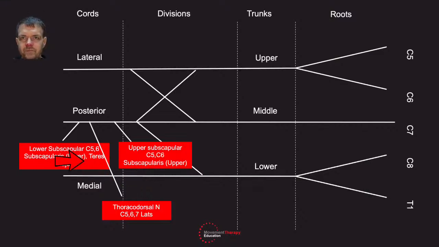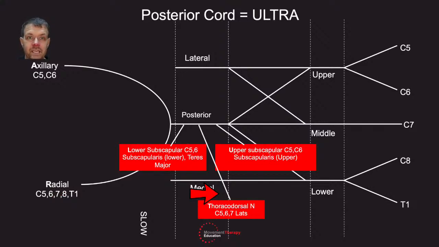So here we go. So we've got lower subscapular, upper subscapular, thoracodorsal. So in terms of ULTRA, it's U, L, T, and you're thinking, well, where does the R and A come in? It comes in here. So the terminal branches of that posterior cord are your radial and your axillary nerve.